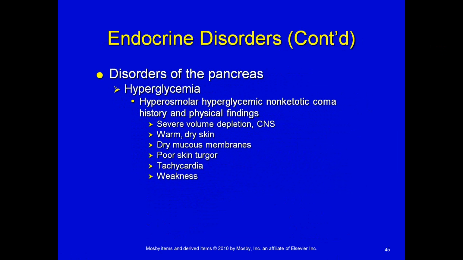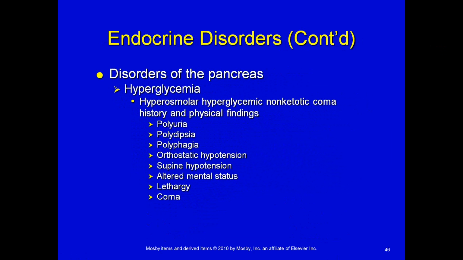Physical findings in somebody with HHNC include severe volume depletion, central nervous system dysfunction, warm, dry skin, dry mucous membranes, poor skin turgor, tachycardia, weakness, along with the old CNS, central nervous system dysfunction. Your brain does not work well at all when it's dry. So with the severe dehydration comes the altered mental status or coma.